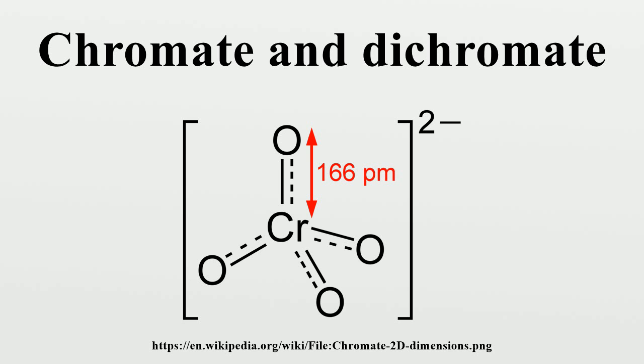Chromite ore is heated with a mixture of calcium carbonate and sodium carbonate in the presence of air. The chromium is oxidized to the hexavalent form, while the iron forms iron oxide, Fe2O3: 4FeCr2O4 plus 8Na2CO3 plus 7O2 gives 8Na2CrO4 plus 2Fe2O3 plus 8CO2.